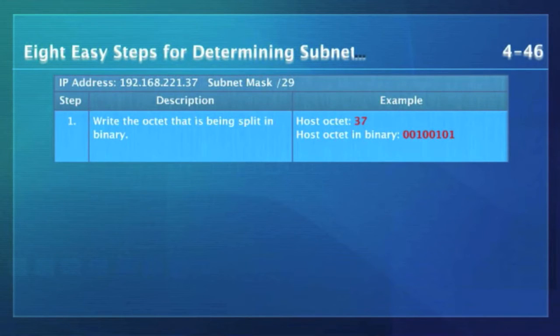All right. So, look what happened here. We have an IP address of 192.168.221.37. And what we did was we did a 29-bit mask.